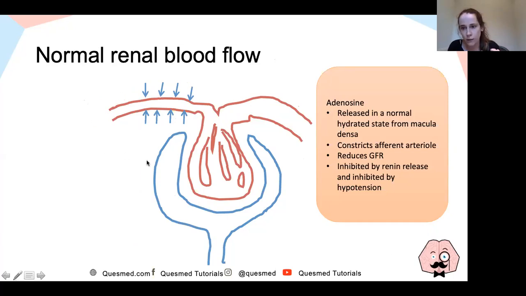By constricting the afferent arteriole, less blood is able to get through into the glomerulus, and therefore that reduces glomerular filtration rate. And adenosine is inhibited by the release of renin. So when someone's hypotensive and renin is being released, adenosine is then inhibited. So they work as a negative feedback kind of mechanism.